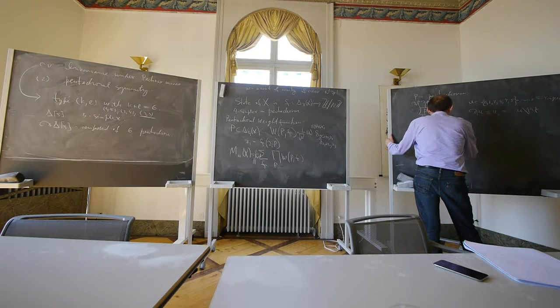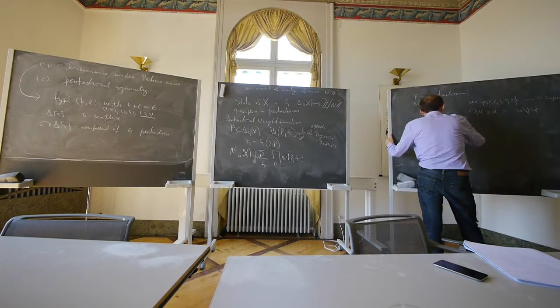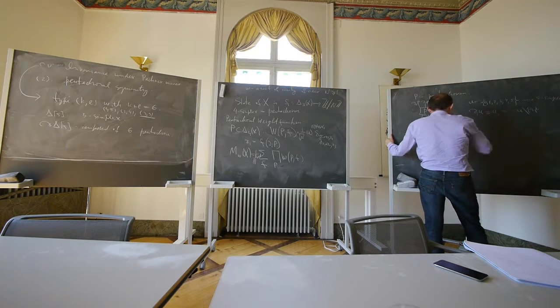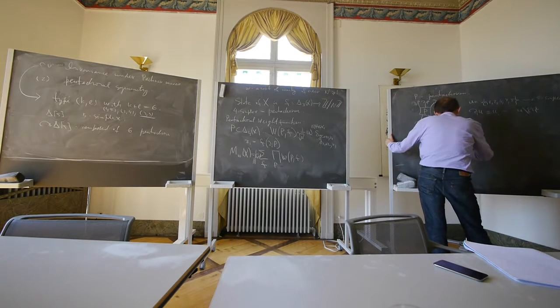So we have U0, U2, U4, and then we have 3 legs entering like this, 3 legs entering like this.